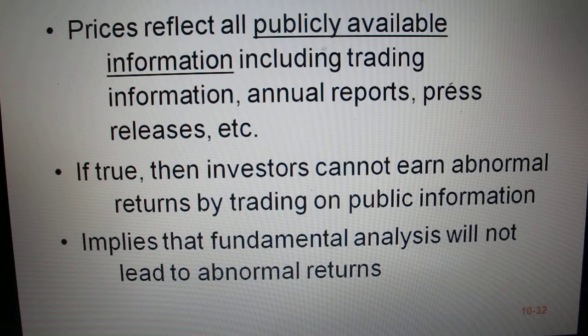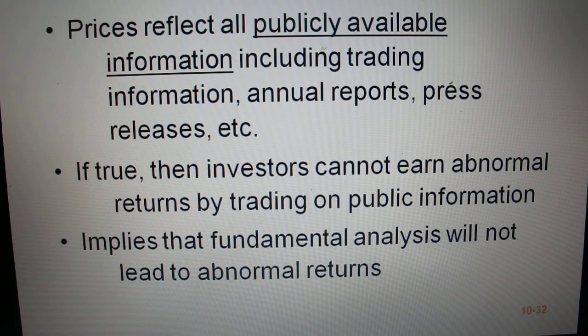Semi-strong form efficiency is a situation where prices reflect all publicly available information, including trading information, annual reports, press releases, and so on. And if this is true, then investors cannot earn abnormal returns by trading on public information. It implies that fundamental analysis will not lead to abnormal returns. The evidence is mixed for this one, but it does hold in a lot of cases.